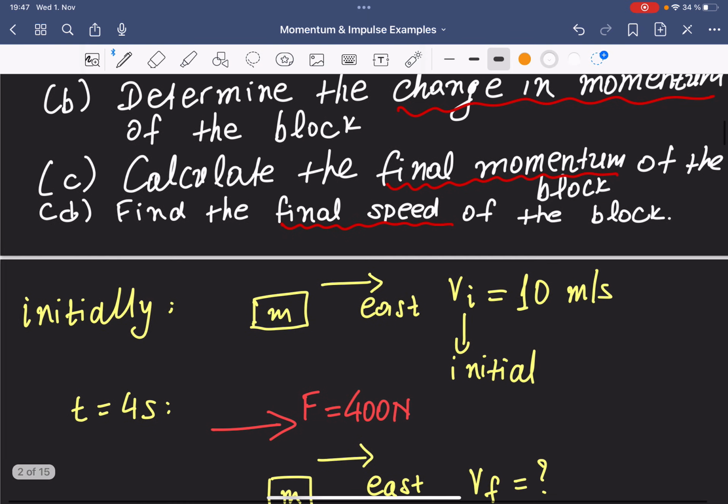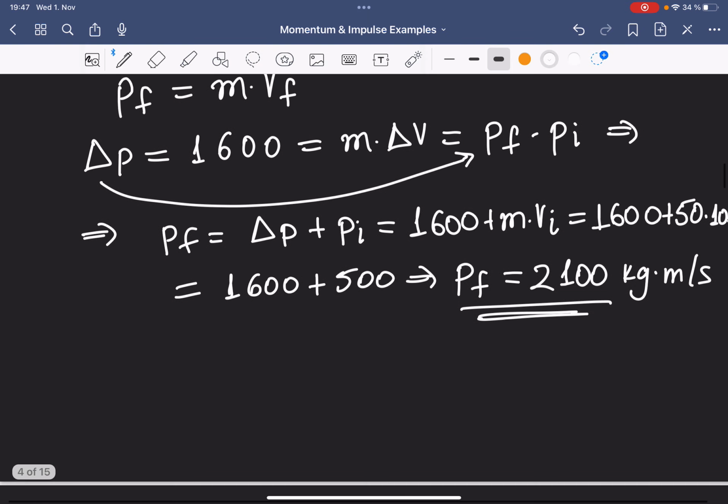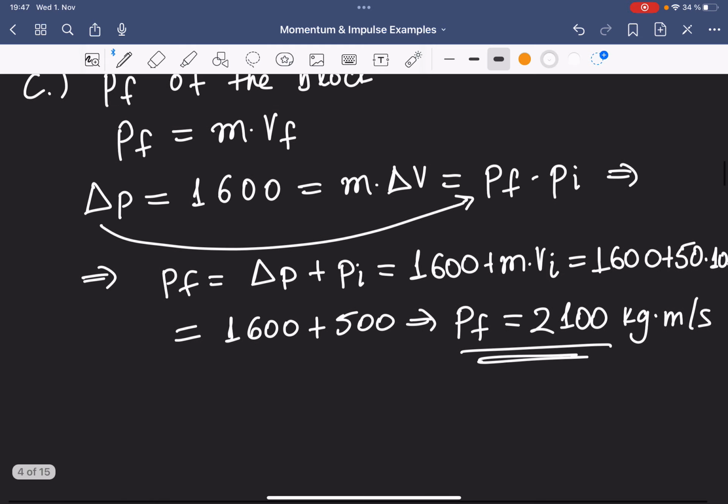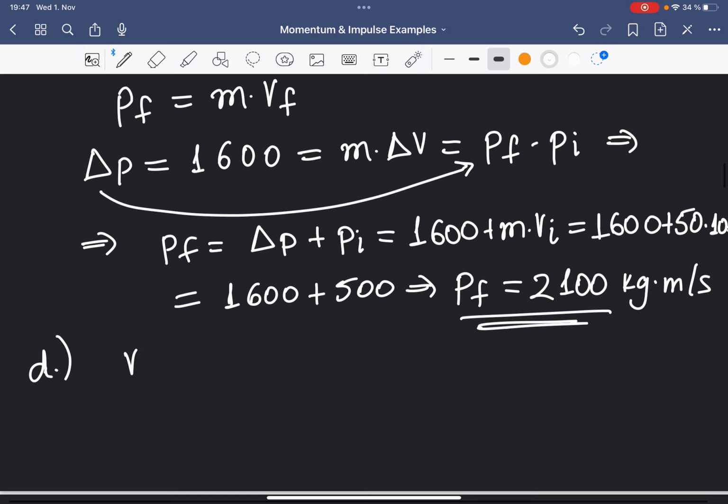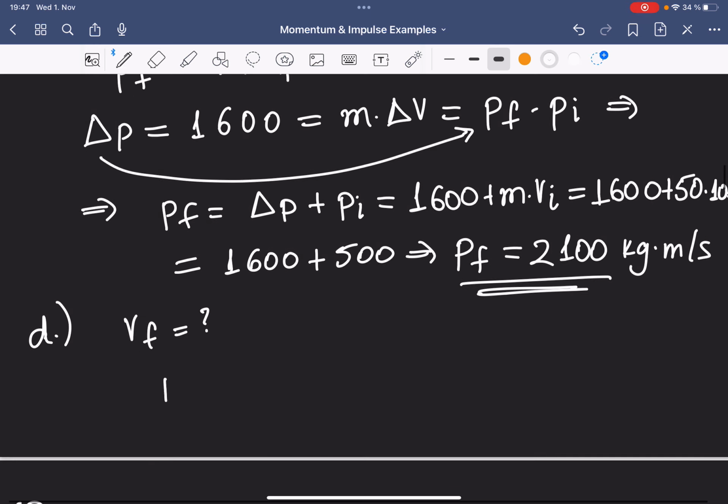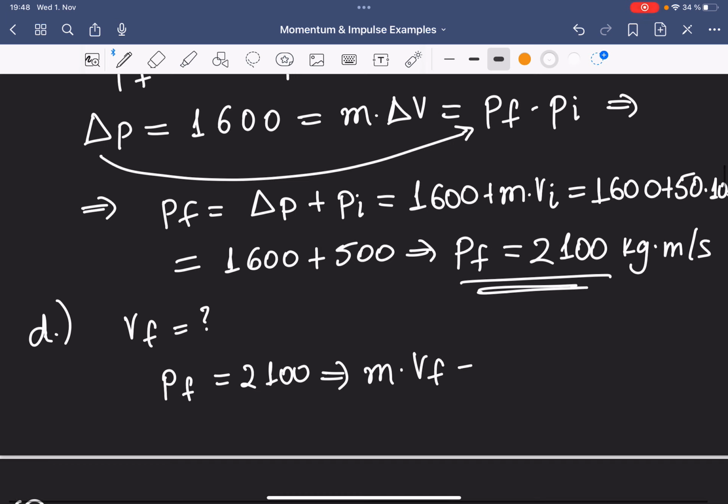Now question D, the final speed of the block. So we're looking for the VF. We know now from question C that the PF is 2100. But we also know that the PF can be rewritten as M times VF.